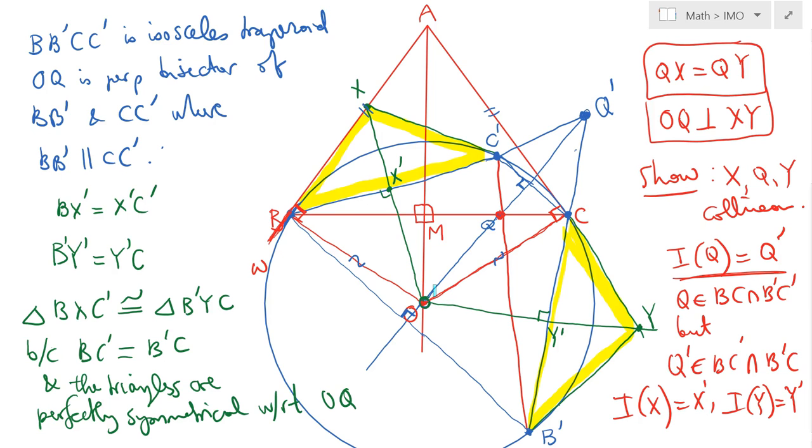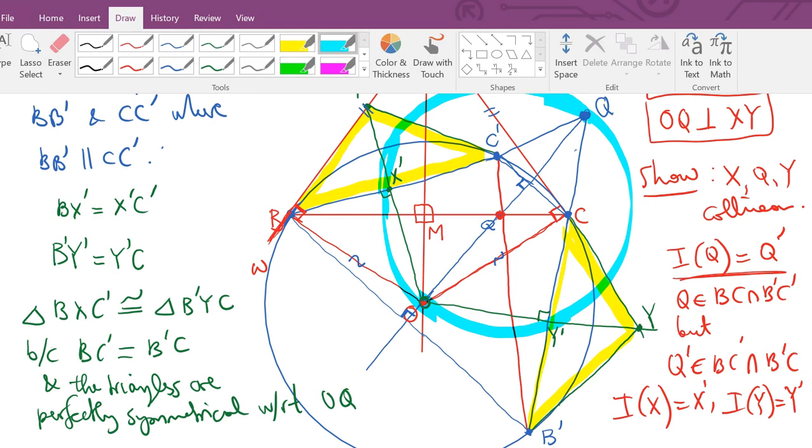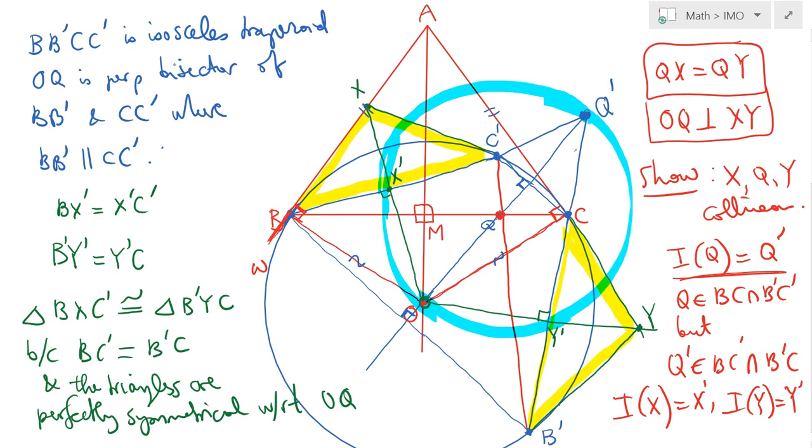As a result, the circle will go through. So let me draw a circle. So that circle will go through those 4 points. But what is so nice about that circle is that when you look at it, if I invert that circle, notice that my circle goes through the center of our circle of inversion.